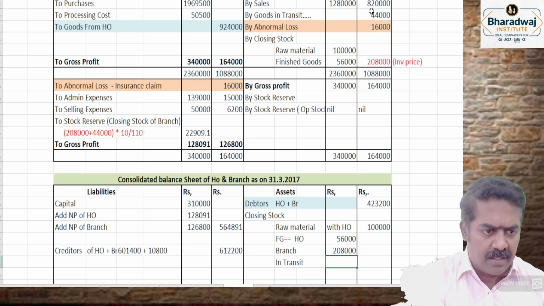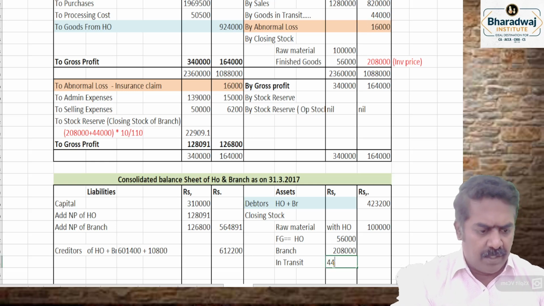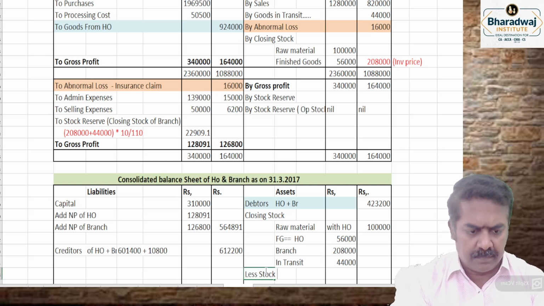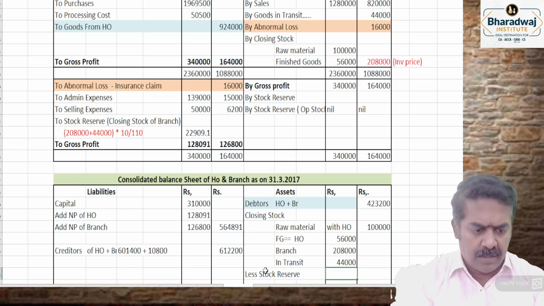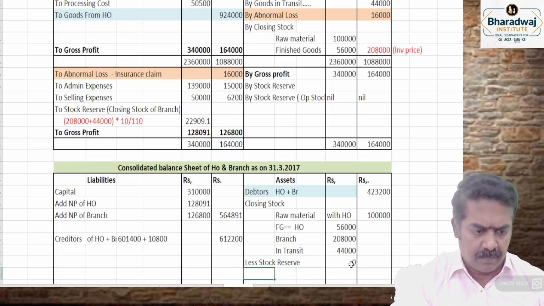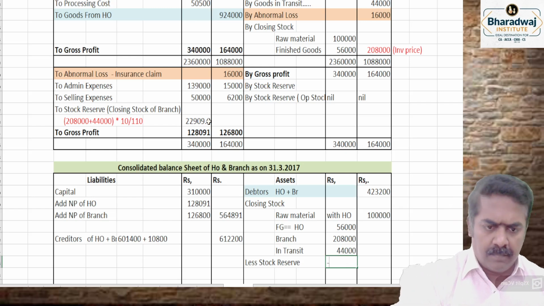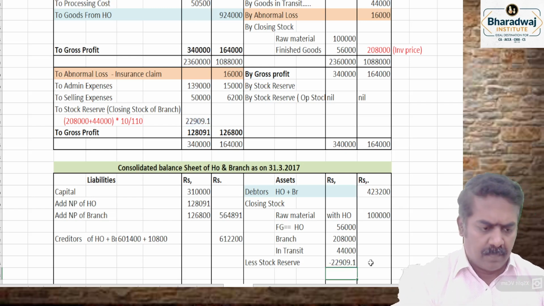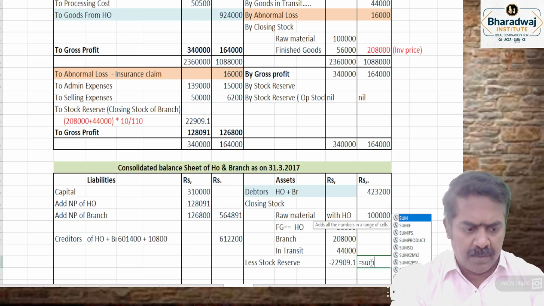Sorry, in transit. 44,000 is there. Minus stock reserve. Stock reserve we worked out. What is the stock reserve? 22. Net amount, the finished goods will come.